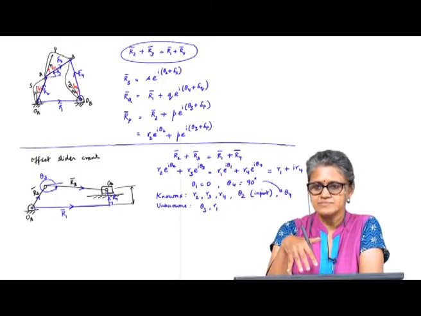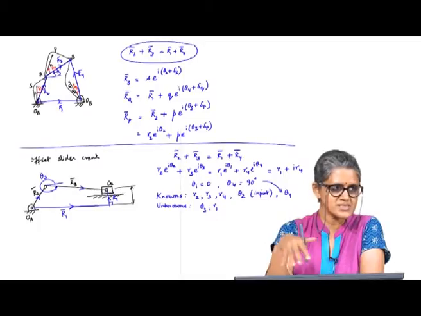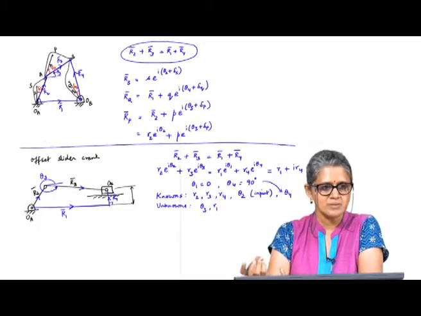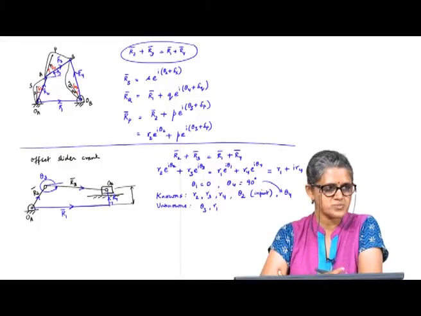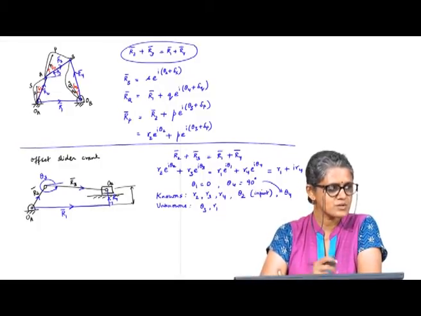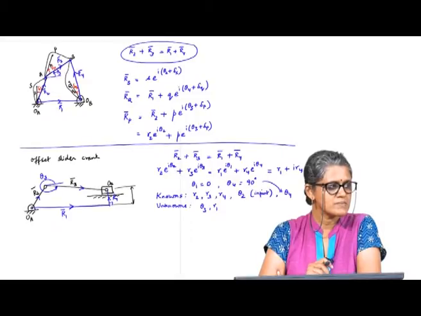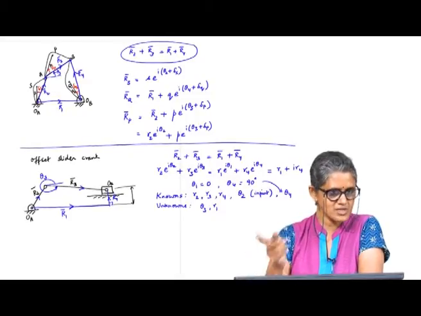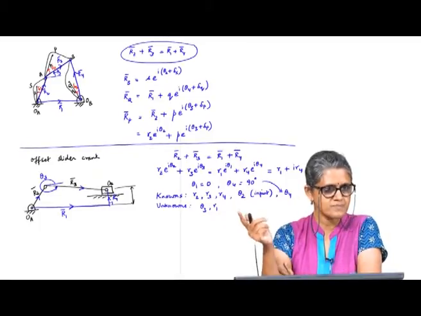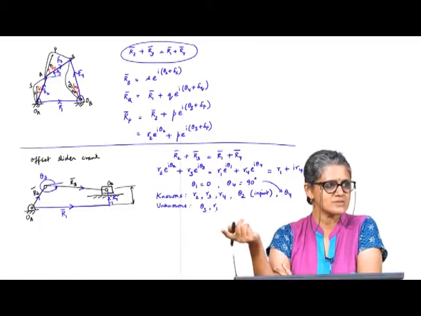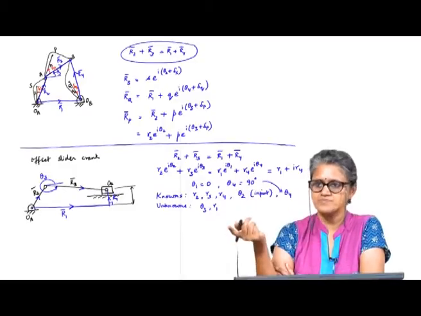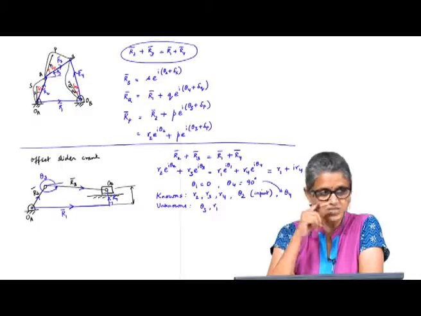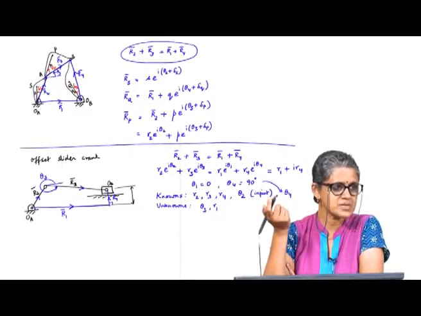Similarly, if you want to synthesize, then say you are given inputs R1 corresponding to theta 2 for multiple positions. Then similar to Freudenstein's equation that you did for theta 2 and theta 4, here theta 2 and your slider translation would be the inputs and you would try to find the link lengths to achieve that particular input.